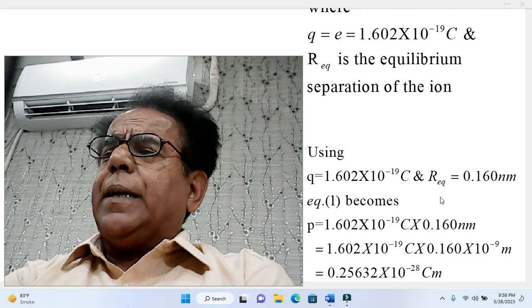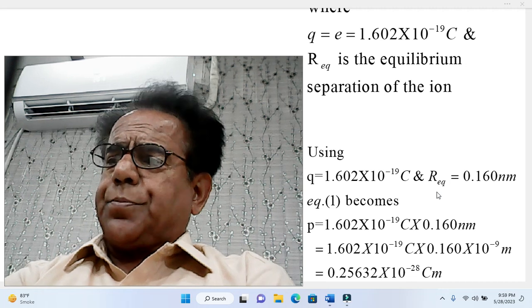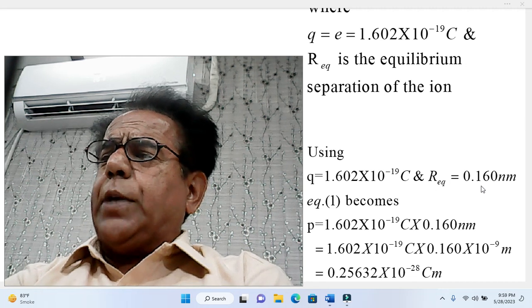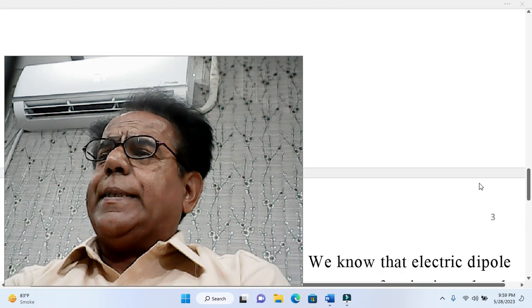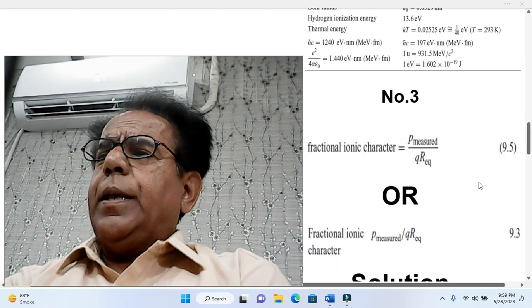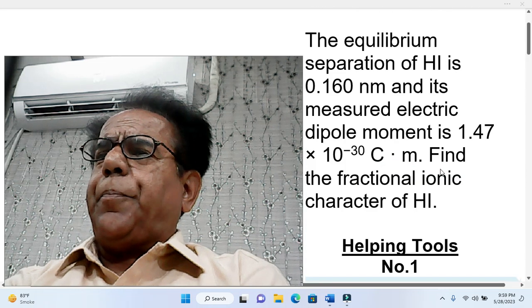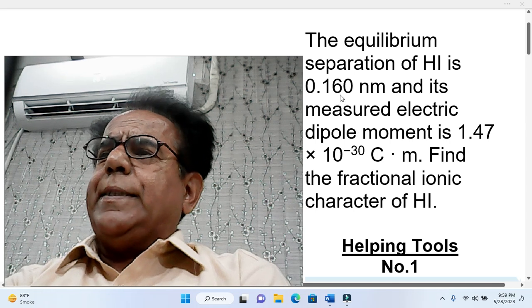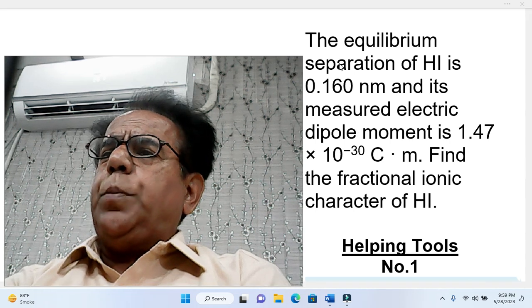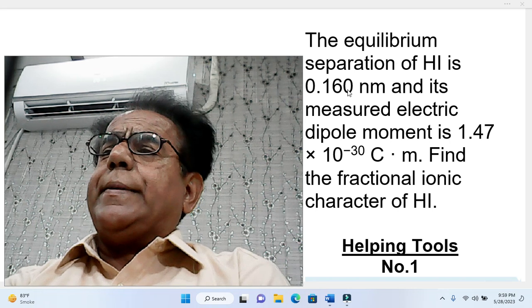And R_eq is equal to 0.160 nanometer. This is given in the statement. We move for the time being to the statement: the equilibrium separation of hydrogen iodide is 0.160 nanometer.